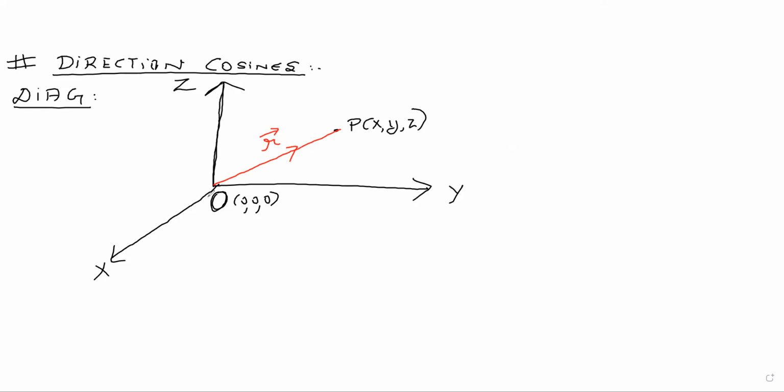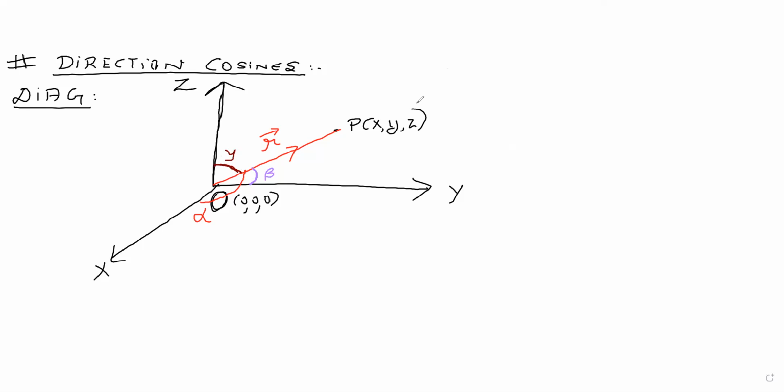You can see in red, this is the angle made with the x-axis. Let me call it alpha. This is the angle made with the y-axis. Let me call it beta. And this is the angle in brown color made with the z-axis, which we can call gamma. So alpha, beta, and gamma are the angles made by the vector.